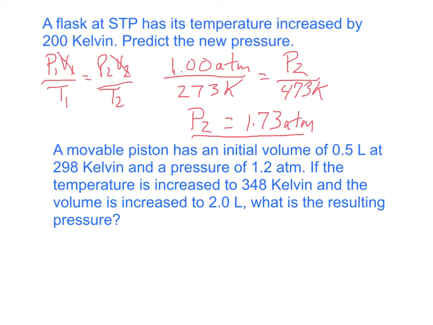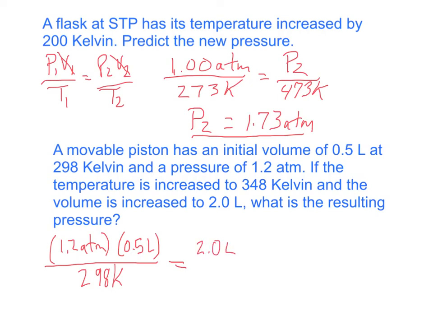So the initial pressure, 1.2 atmospheres, multiplied by the initial volume of 0.5 liters, divided by the initial temperature of 298 Kelvin, is set equal to 2.0 liters multiplied by our unknown, P2, divided by 348 Kelvin. Again, we're solving for P2.